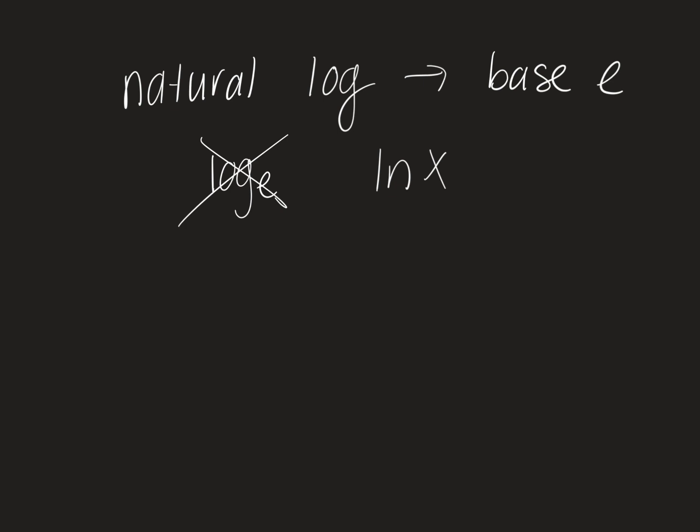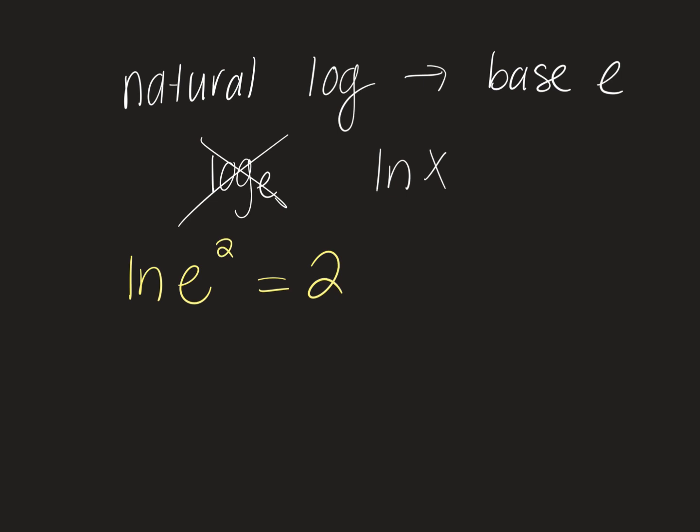So let's make sure we know how to use it. Let's also think about some of those properties we just talked about. If I say ln of e squared, what would that be equal to without a calculator? 2.